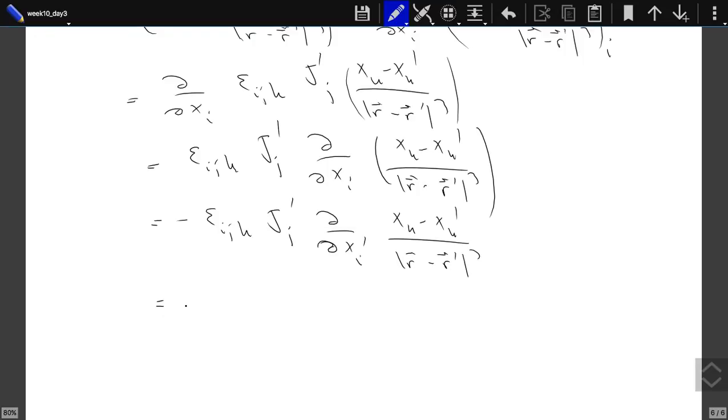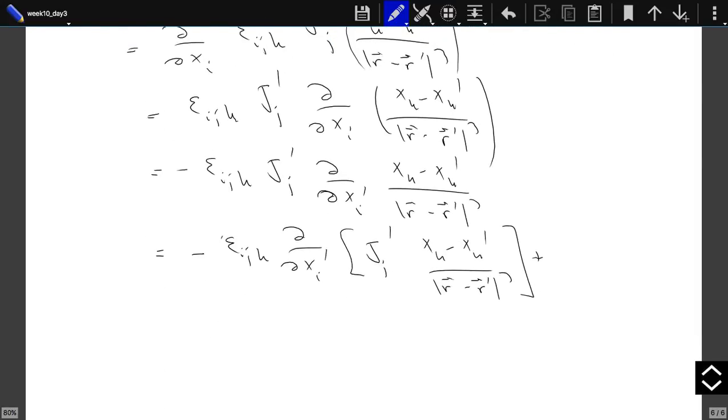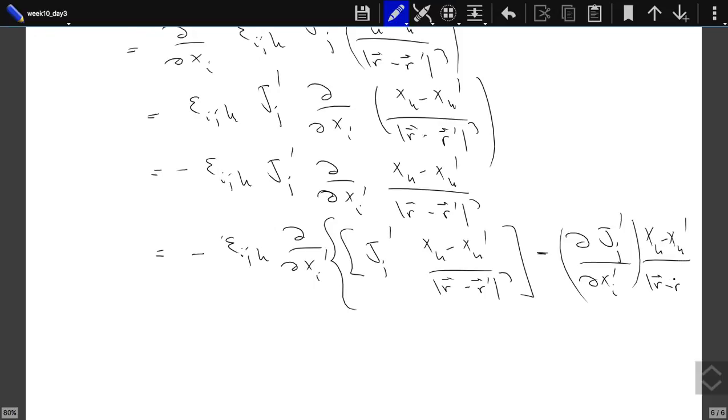Let's say this will be equal to minus epsilon ijk, derivative with respect to xi prime, jj prime, xk minus xk prime over |r minus r prime| cubed, plus, or minus, derivative of jj prime with respect to xi prime of xk minus xk prime over |r minus r prime| cubed.